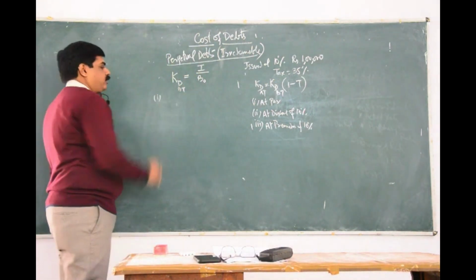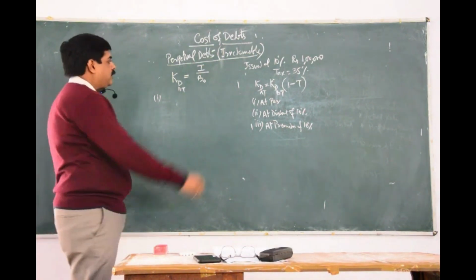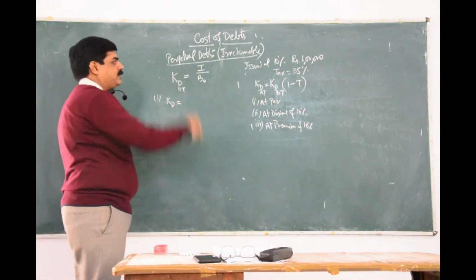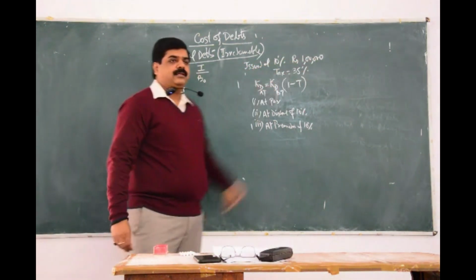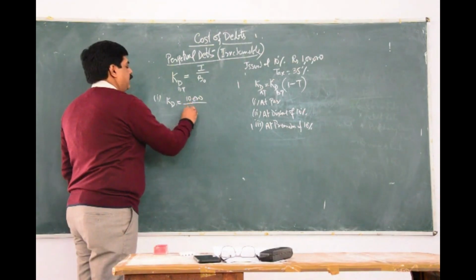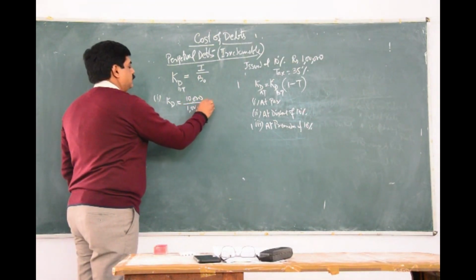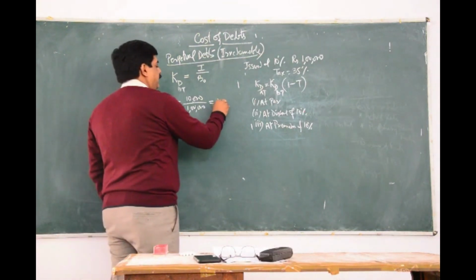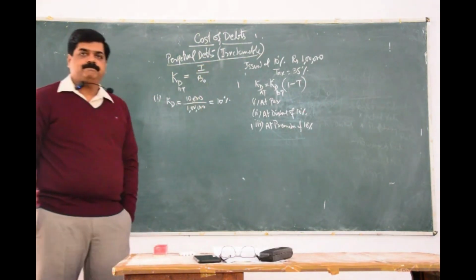In the first case, when it is issued at par, the equation says KD is equal to interest. 10% of 1 lakh is 10,000. 10,000 upon 1 lakh comes to 10% only.